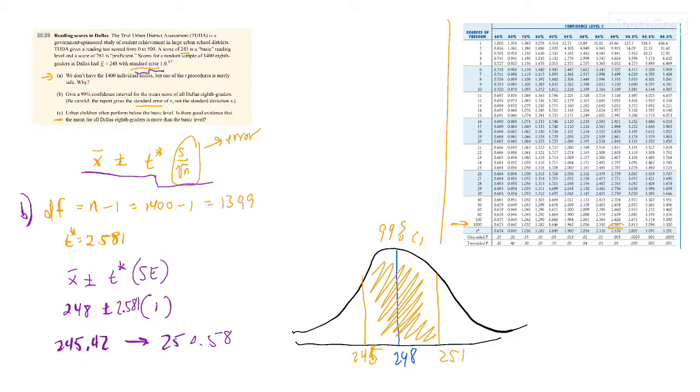So 243 is probably over here somewhere. 243 is the basic level, and what we figured out was we're 99% confident that the mean of the scores is going to fall somewhere between 245 and 251. So we can say with a bit of confidence that they do outperform at the basic level. So they perform above the basic level.